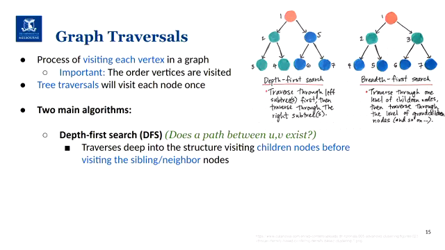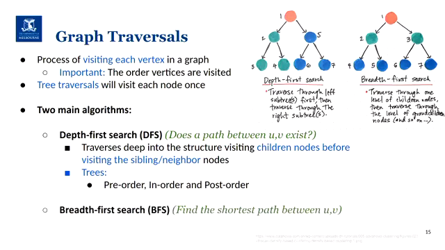If you look at this graph, we'll try to go deep into the structure first before visiting the neighbors. For trees, depending on the order we decide to visit the nodes, we can have three types of algorithms: pre-order, in-order, and post-order. We'll look at them in detail in a bit.